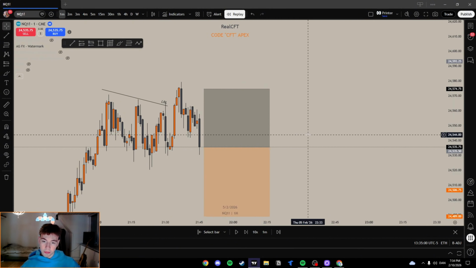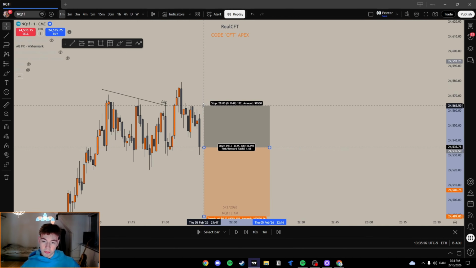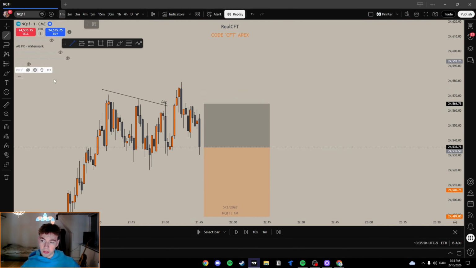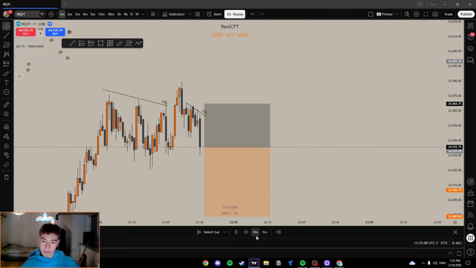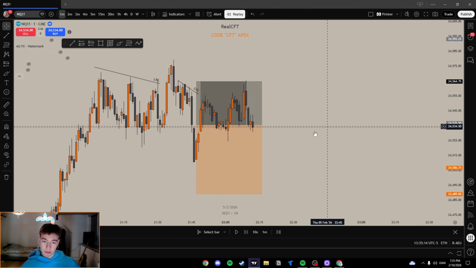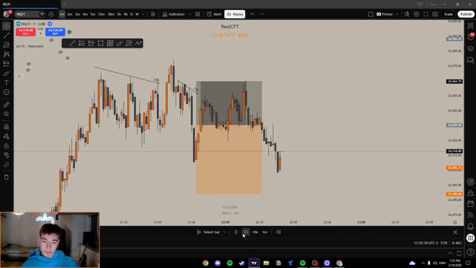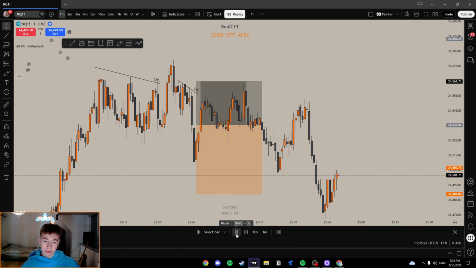And you would have taken your short here. Notice how you left all this low resistance liquidity right here, and you still took this short and got brutally stopped out. And then it proceeds to deliver.